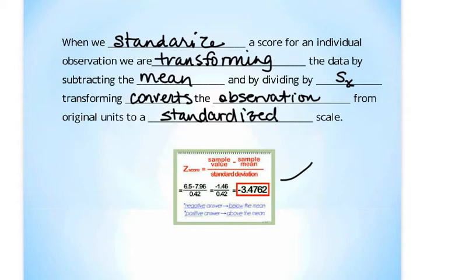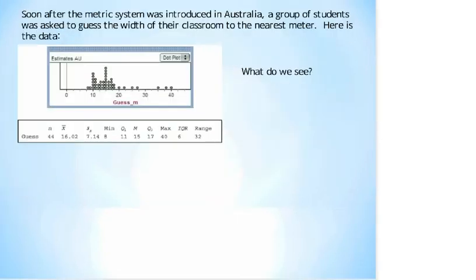And we did that simply by finding a z-score. You had your x minus x bar over standard deviation. And that's pretty much at one time that we transform data.